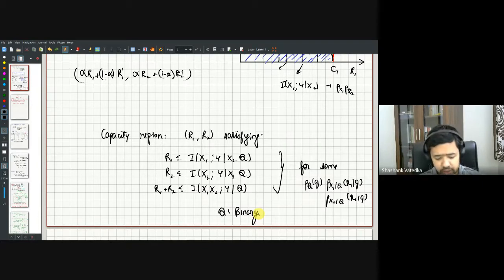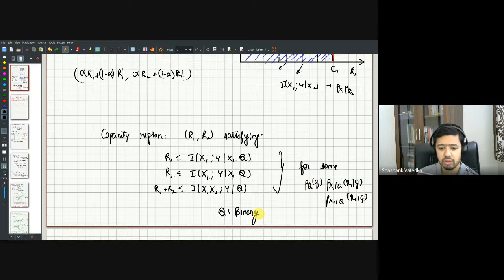So this is a consequence of a result in convexity theory, and we won't get into this. It's a consequence of what is called the Fenchel-Eggleston-Carathéodory theorem, and you can take a look at it in the textbook.